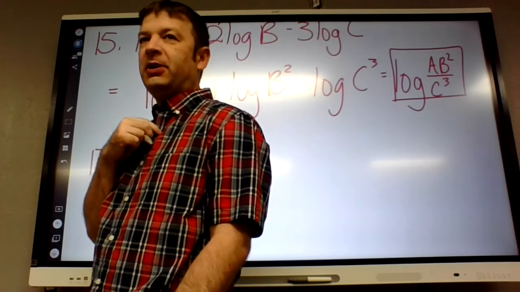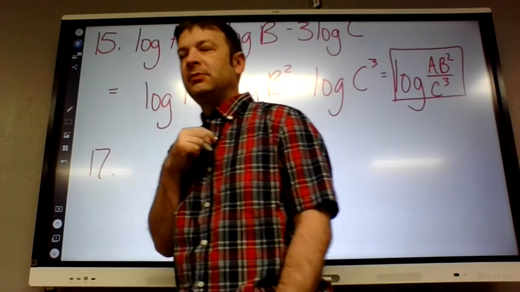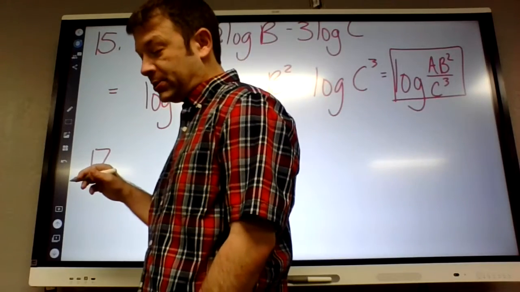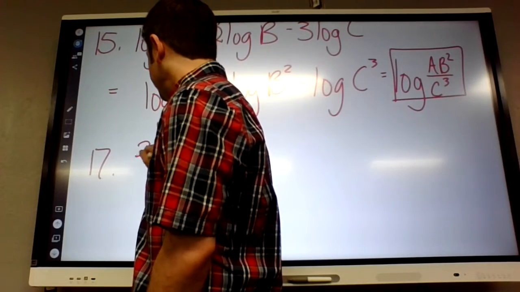Normally, what do you do with a number outside of parentheses? So we could distribute it. Let's do that. So what's 2 times a third?